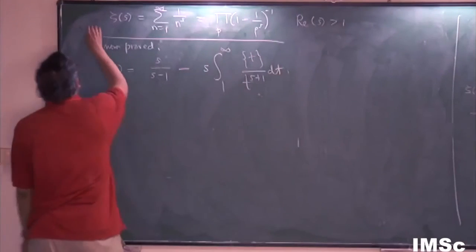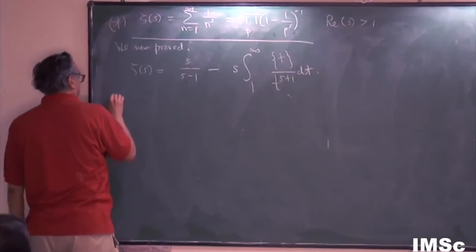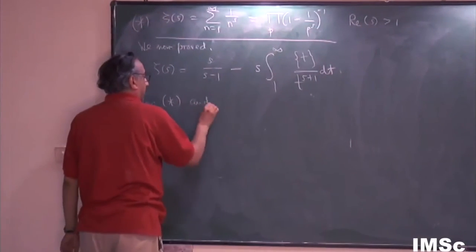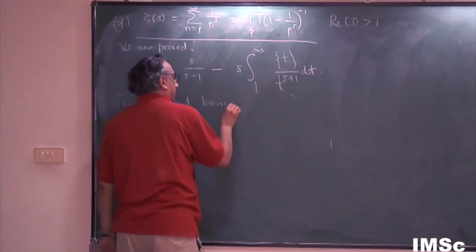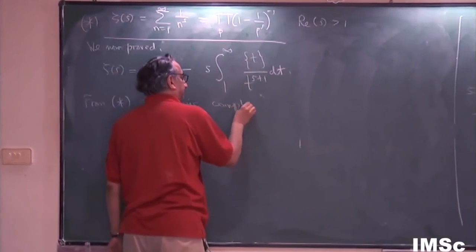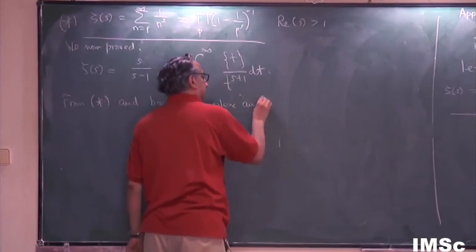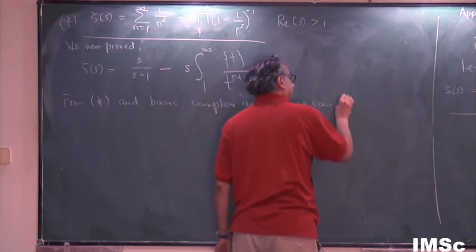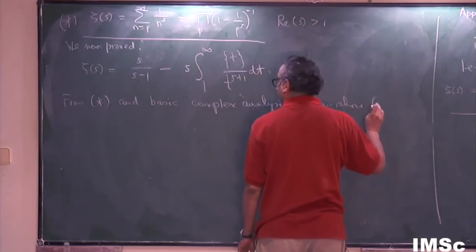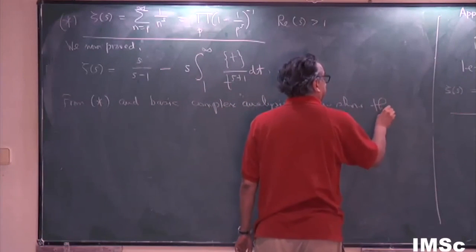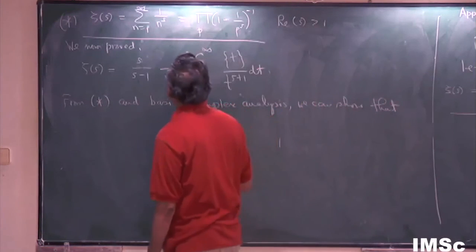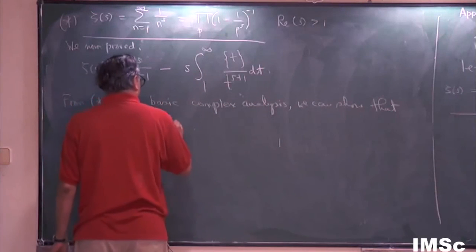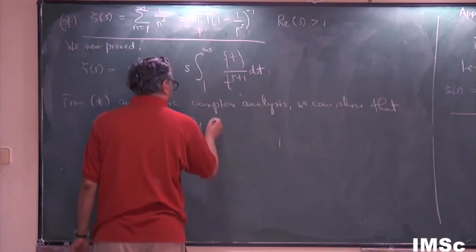So from star and basic complex analysis, we can show that zeta of s is not 0 for real part of s bigger than 1.